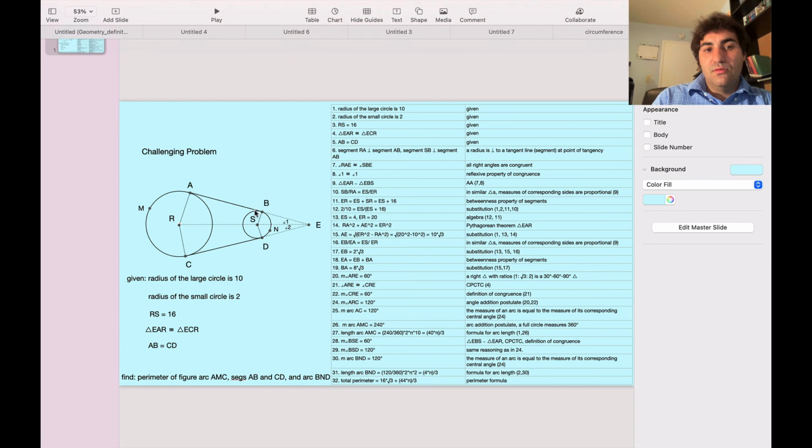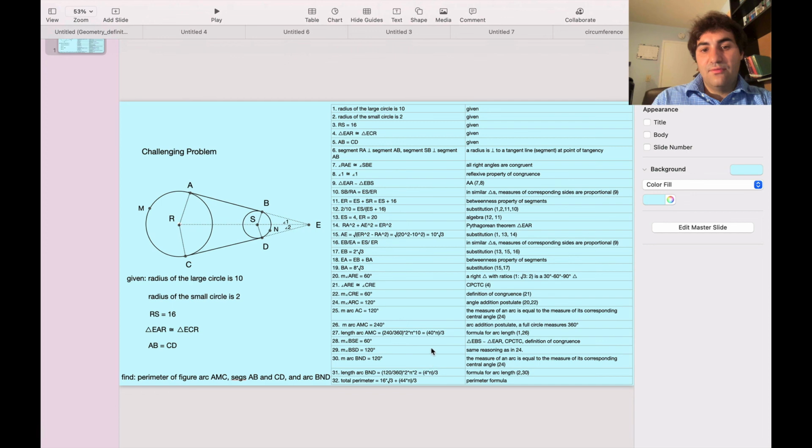So we want the total perimeter of this shape here. So we know that AB equals CD equals 8 times square root of 3. We have to do twice that to get both these lengths here. So we get 16 times square root of 3 plus 40 pi divided by 3 plus 4 pi divided by 3.